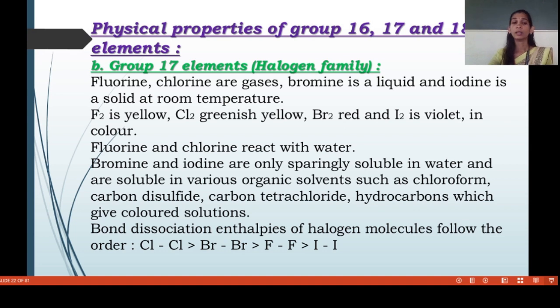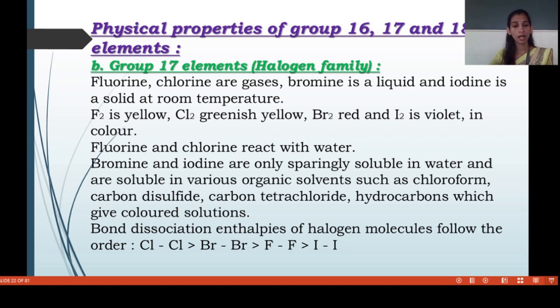In these, bromine and iodine are soluble and they give colored solutions. Considering the bond dissociation enthalpy of halogen molecules, chlorine has the highest bond dissociation enthalpy as compared to bromine and fluorine.